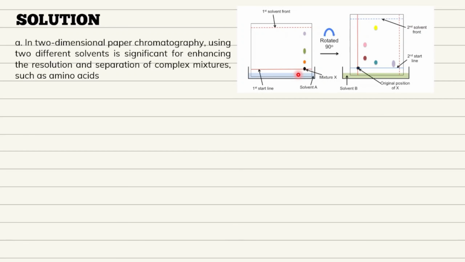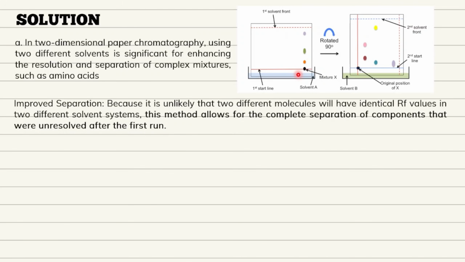Now, what happens in the first dimension is that the mixture is separated into different amino acids. Some of these amino acids may overlap, but in the second dimension, that's after rotating 90 degrees, some of these amino acids that may have had the same exact weight are forced to migrate in a new direction, separating them further.